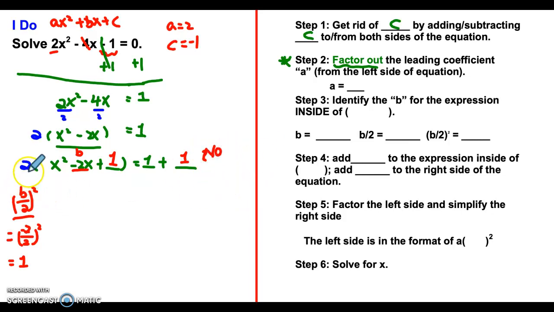Why? Guys, if you distribute here, how can we test? Let's distribute. You're going to have 2x squared minus 4x plus 2. So this is something extra. Instead of 1, we actually add 2 to the left side. Take a look, we did not just add 1.